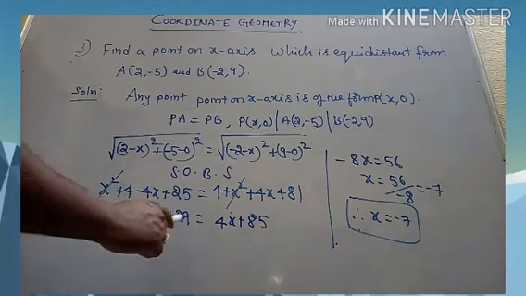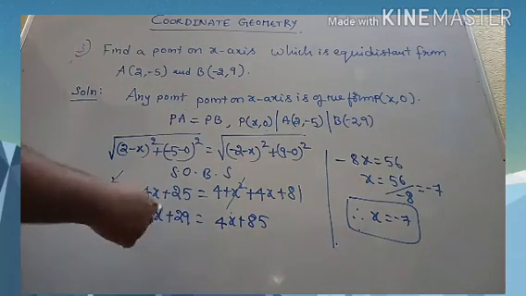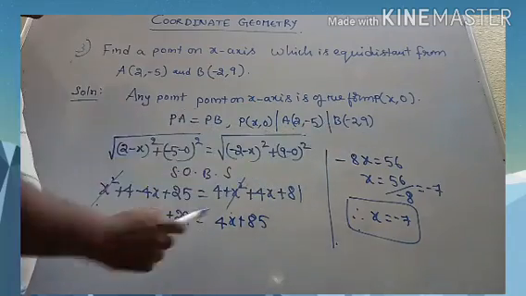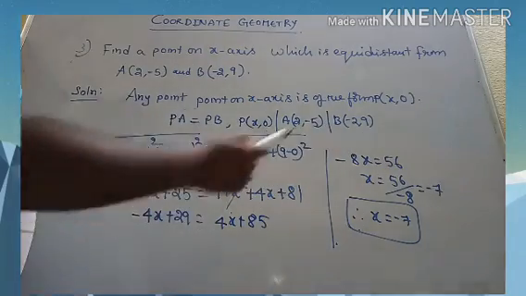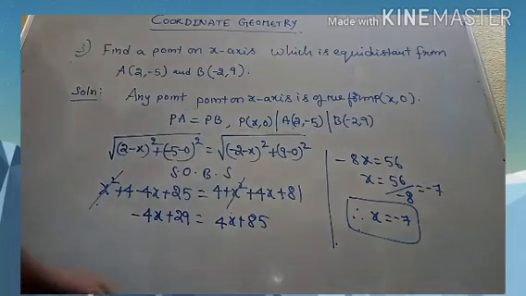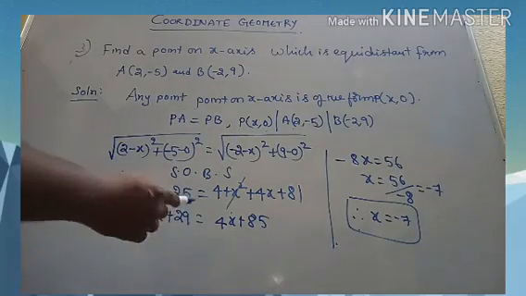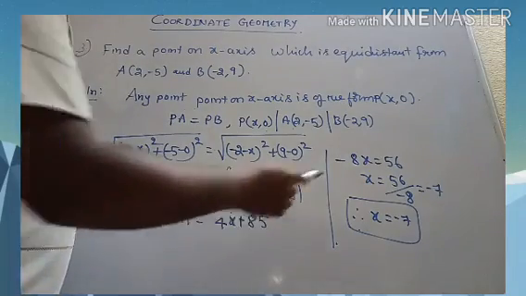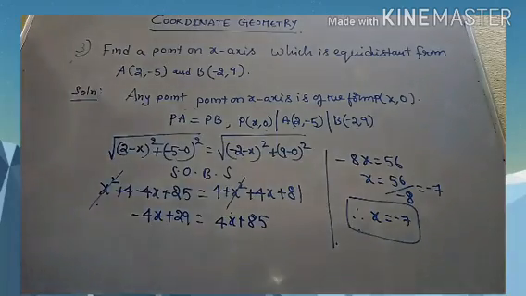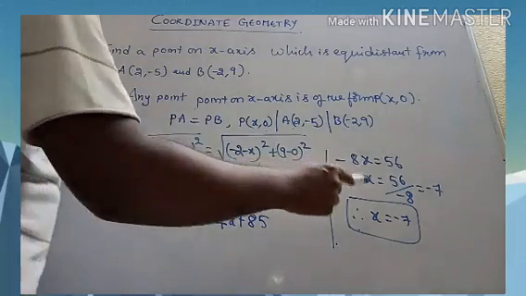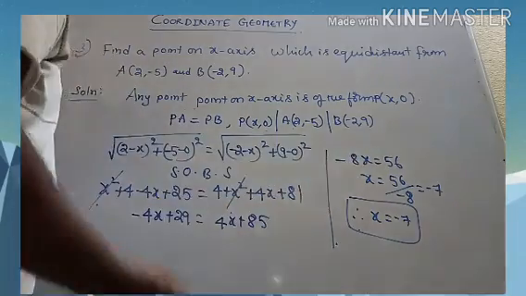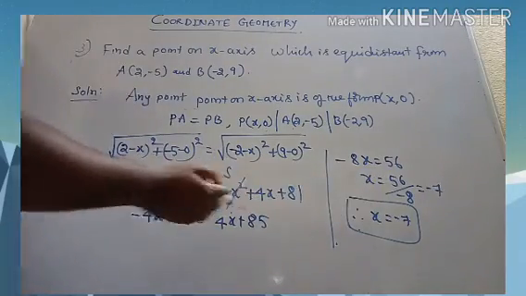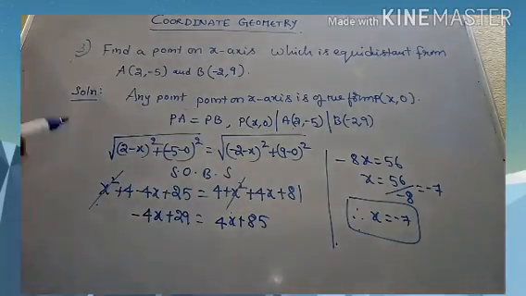And this 4x let us transfer to this side, then we will have minus 8x is equal to 29 minus 85, that is 56. Sorry, we transfer 29 to the right side, so we get 85 minus 29, that is 56. x is equal to 56 by minus 8, that equals minus 7. Therefore the required x value is minus 7.